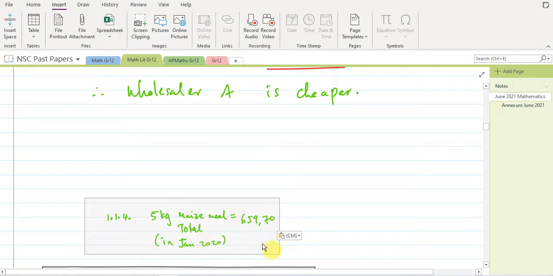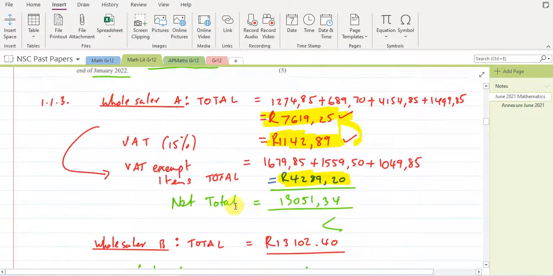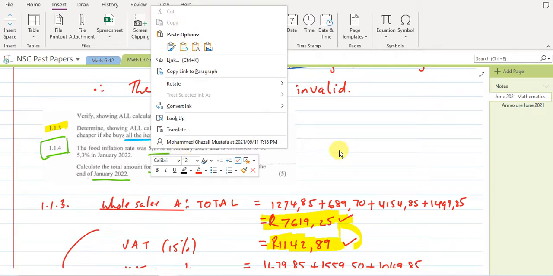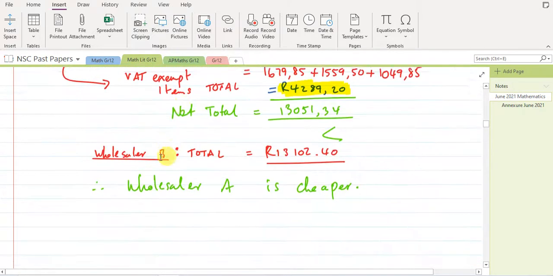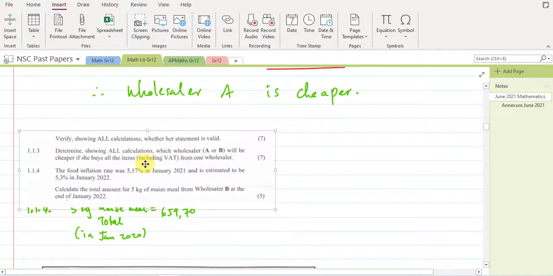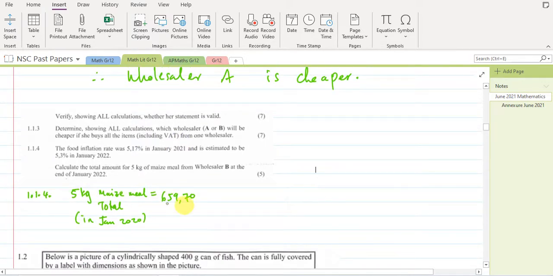Now we need the inflation. Remember, this is in January 2020, and now they're telling us the inflation rates. Let's copy this question here, 1.1.4, because we need those inflation rates. You can forget about 1.1.3 because we have done that already.